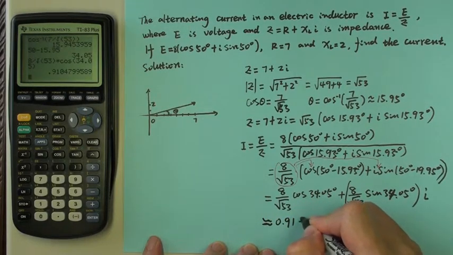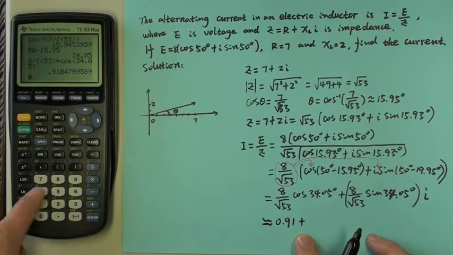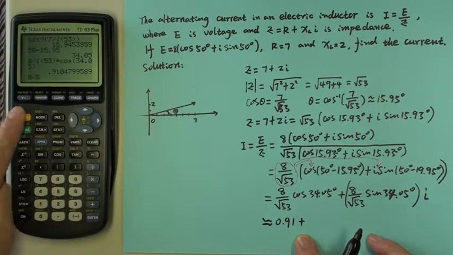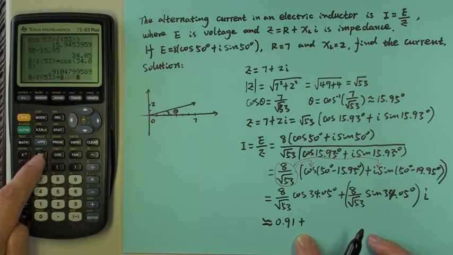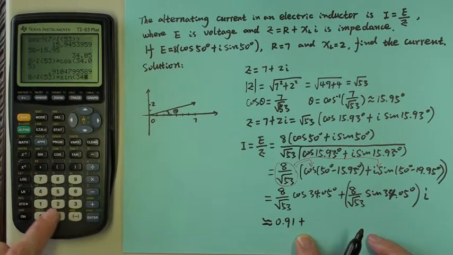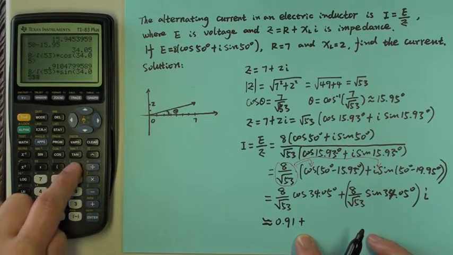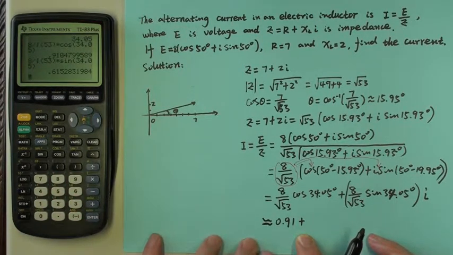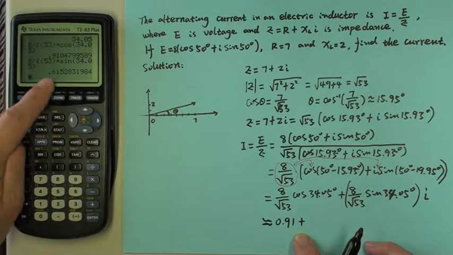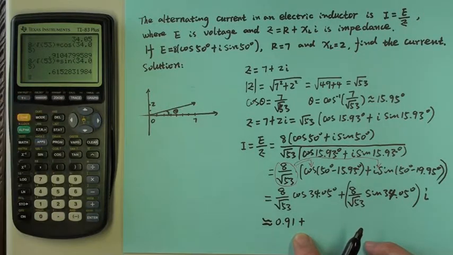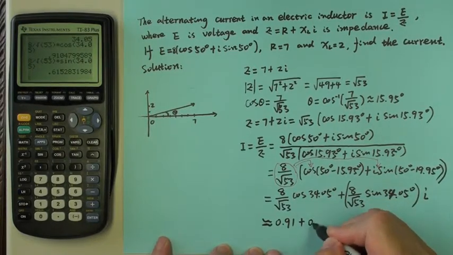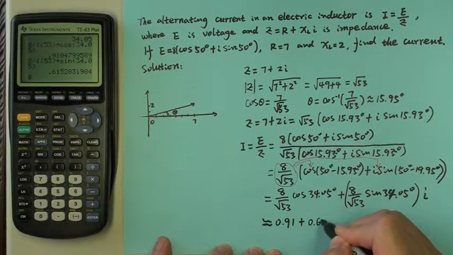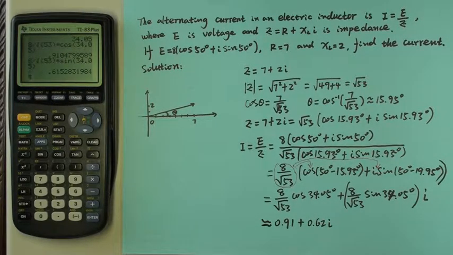And then plus, the second one is 8 divided by radical 53 times sine of 34.05 degrees. You hit enter, you have the answer. Here the third digit is 5, so you round it up. So the answer will be 0.62i. That's the final answer.